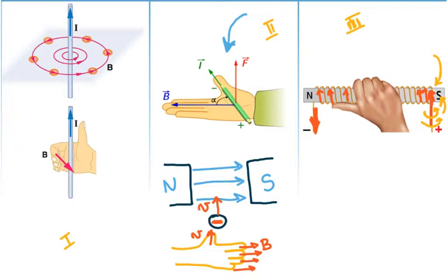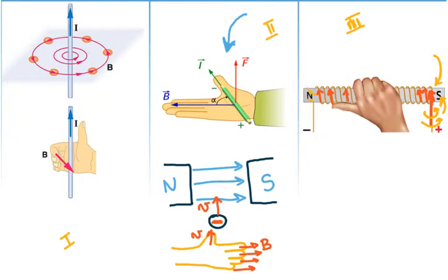So the magnetic field lines are going to be going in the opposite direction. So what you see here, the magnetic field lines are coming out of. If the magnetic field lines are coming out of, this is the north side and the other one is the south side. But it's kind of difficult to see and explain and remember.